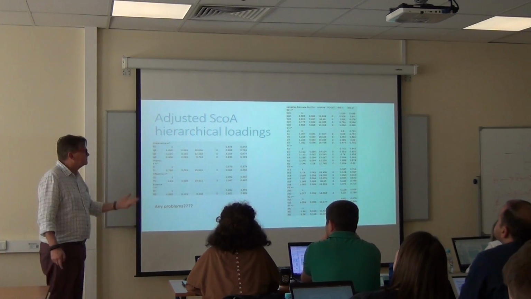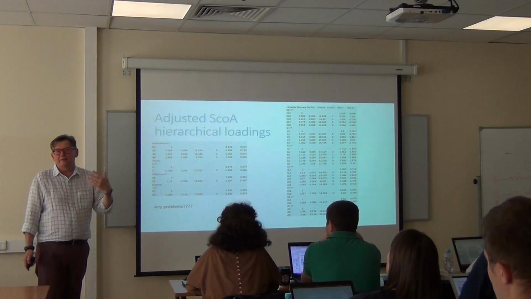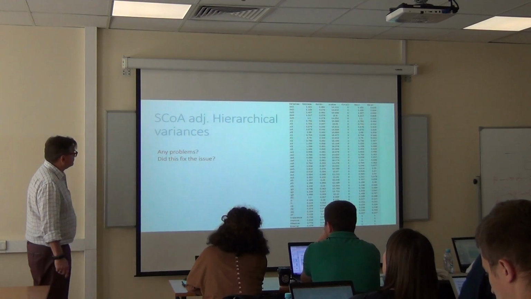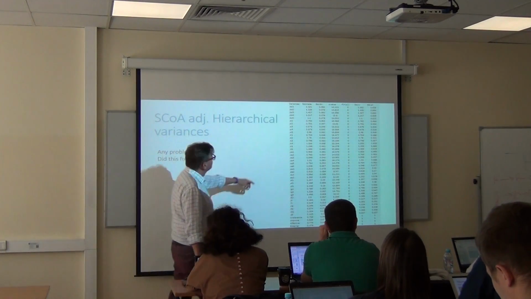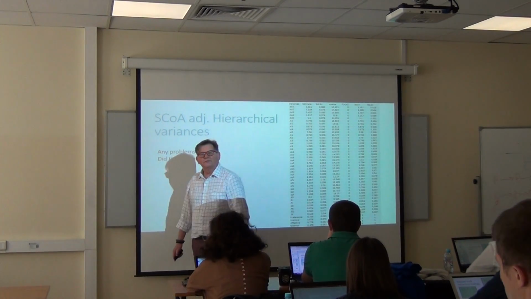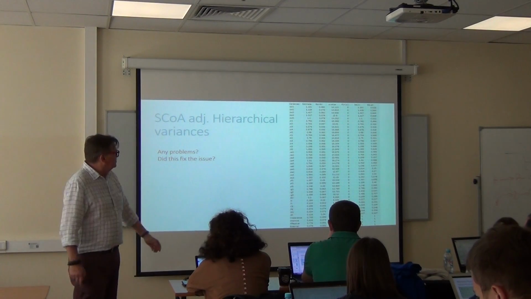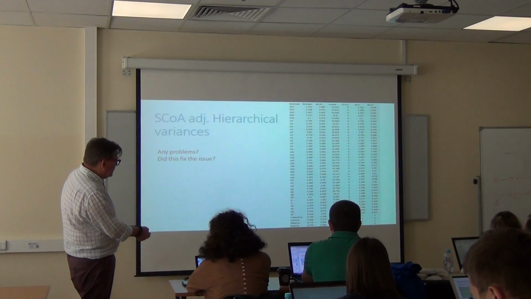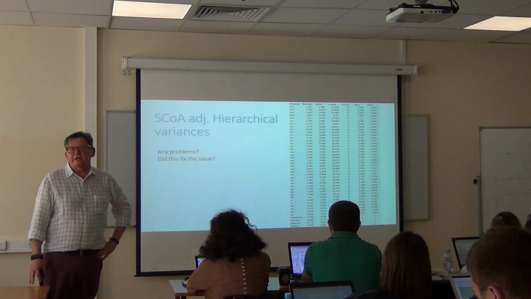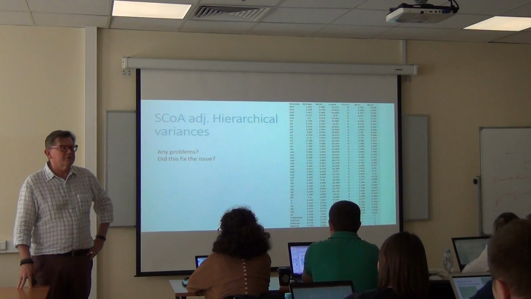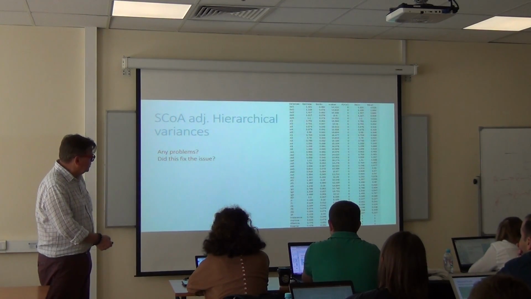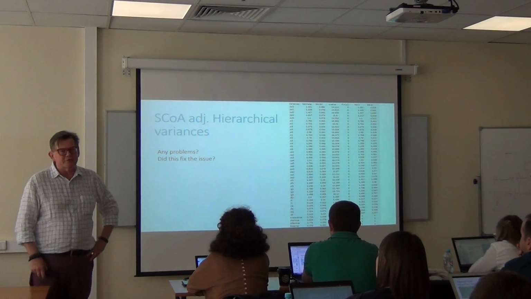So this is the model that got published in a book chapter in 2009. Did we fix the issue? Variances, nothing is negative. Yay. But that one there is a 2% probability that it could be 0 or less. No, 2%, no. 2 100ths of 1%.